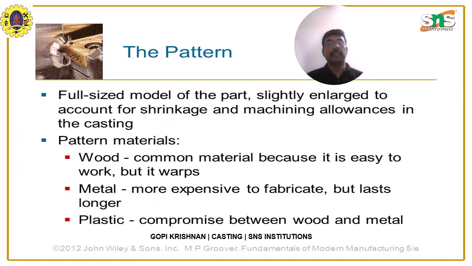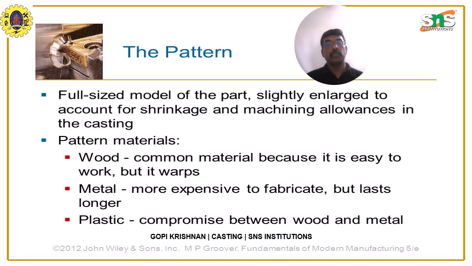Now we come to the pattern. The pattern is the full-sized model of the part, slightly enlarged to account for the shrinkage and machining allowances in the casting. We can take any kind of material for the production of the pattern: wood, metal or plastic. Out of the three, the most widely used material is wood because it is very easy to work with.